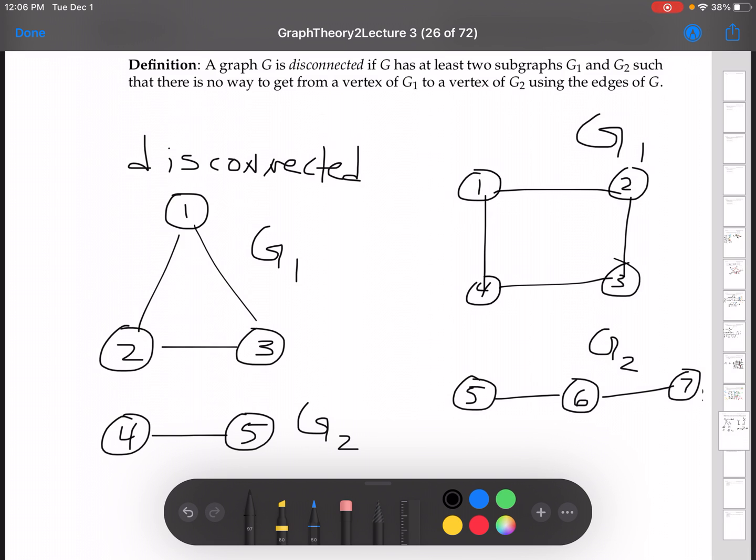There's no way to get from the vertices of G1 to the vertices of G2 along edges. There's just no way. These are examples of disconnected graphs.